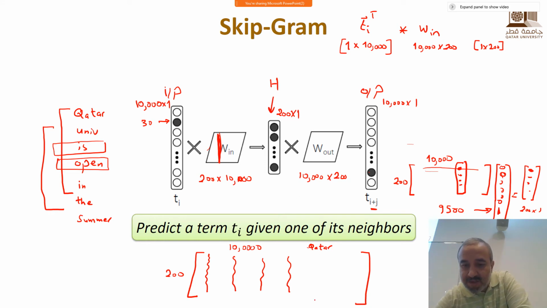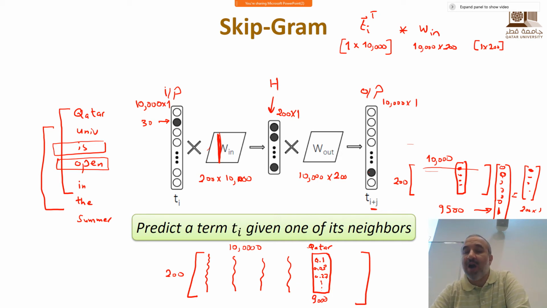So column number 9,000 here is the embedding for the word Qatar. Now what is in that column? It can be something like numbers: 0.1, 0.03, 0.27, and so on. It's dense. All of these are mostly non-zeros.